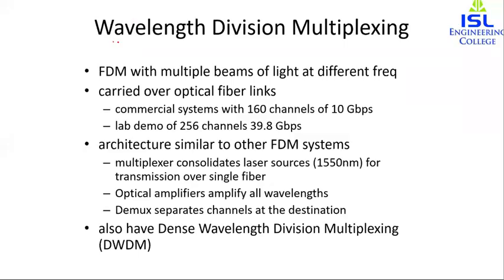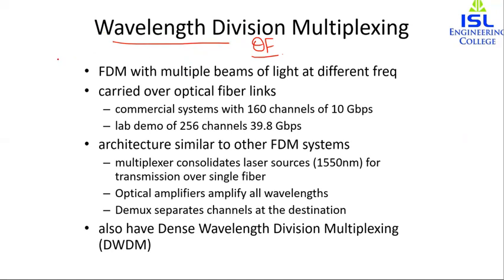The next is wavelength division multiplexing, mentioned in our syllabus as wave division multiplexing. It is designed to use the high data rate capacity of optical fiber, so this kind of multiplexing is used in the case of optical fiber. Whenever we have optical fiber, we know that we can send huge amounts of data at high speed.